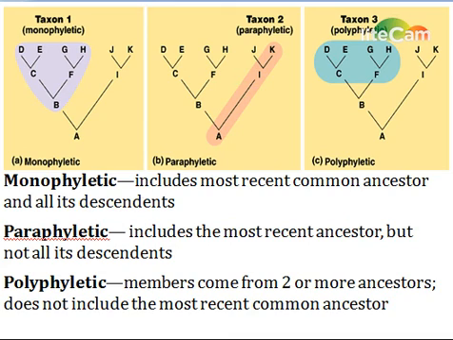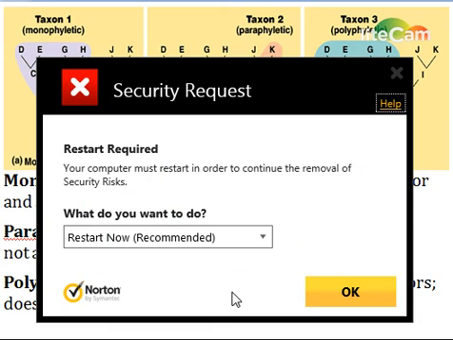Such groups are often also called holophyletic. So you can see with the purple picture right here, this is a monophyletic taxon because it's showing a recent common ancestor and all the resulting ones.